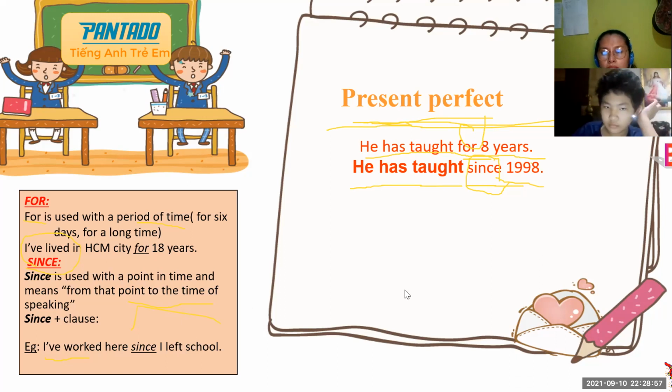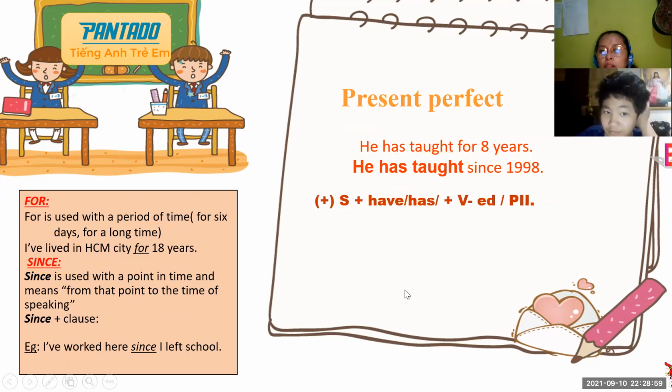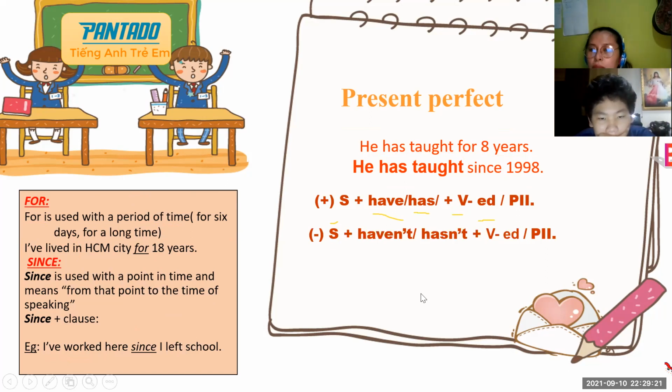I'll give here more example. Here we can use the subject plus have if it's plural, has if it's singular, and the verb plus the ed, or it could be the linking verb or the irregular verb.